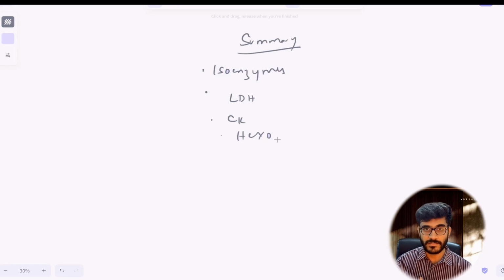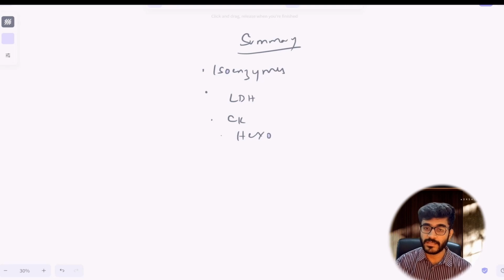Then we have CK. CK is a dimer and it has 3 isoforms: CKMM, CKBB and CKMB. CKMB is a key MI marker and CKMM indicates muscle damage. Then we have hexokinase versus glucokinase. Both phosphorylate glucose, but hexokinase has a very low Km value, it is easily inhibited by glucose 6-phosphate, and it is present abundantly.